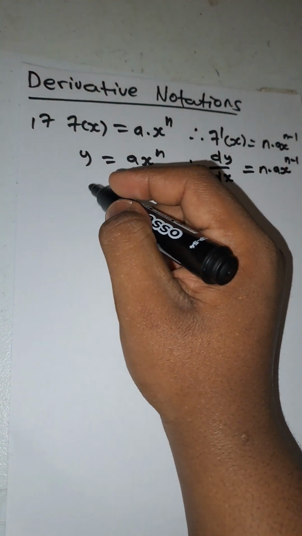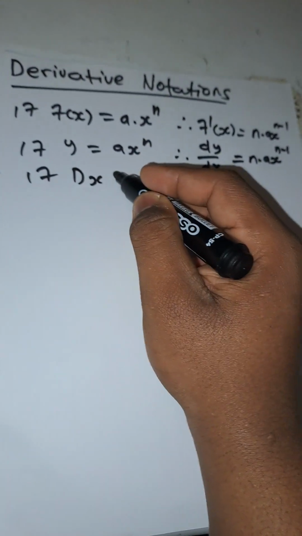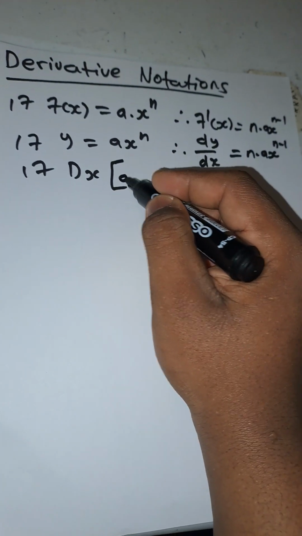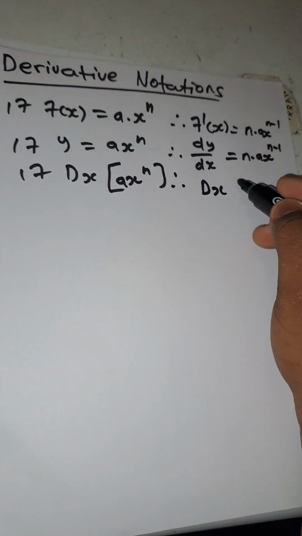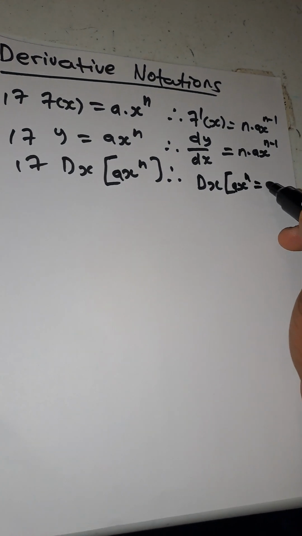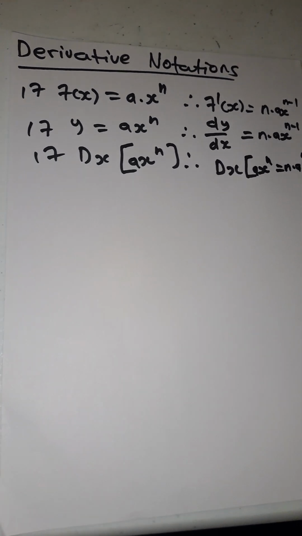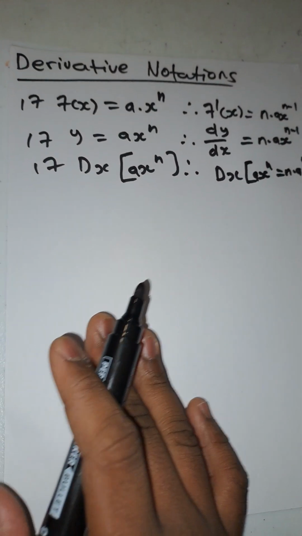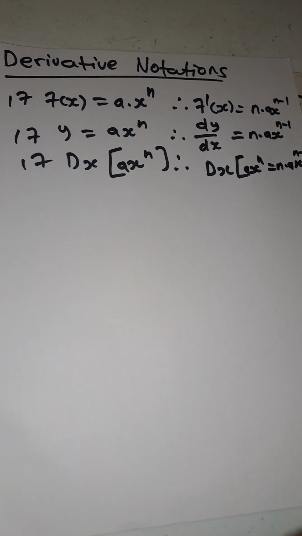And at the same time, if again dx is in this form, then what is it? It is equal to n times a x to the power of n minus 1, just like I showed you. So these are just different notations, but it is the same thing.